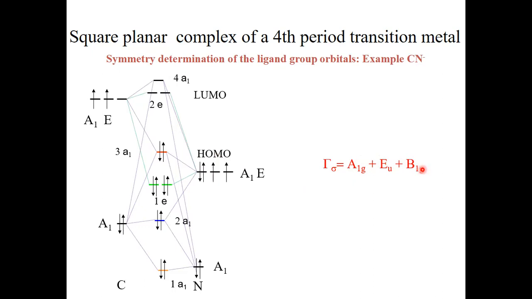Okay, so now with this information, we can construct the molecular orbital diagram of the square planar complex for sigma bonding. We have our metal orbitals, the 3d, the 4s, and the 4p, and we write them according to energy and assign the symmetry types respectively.